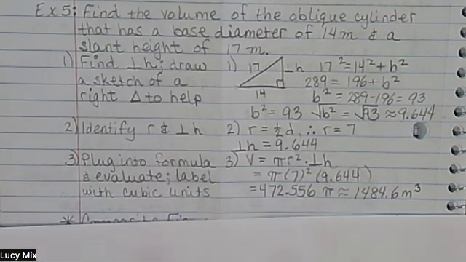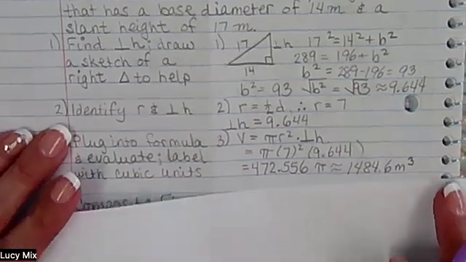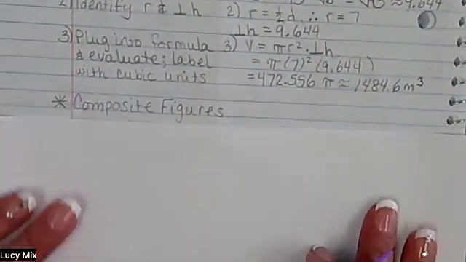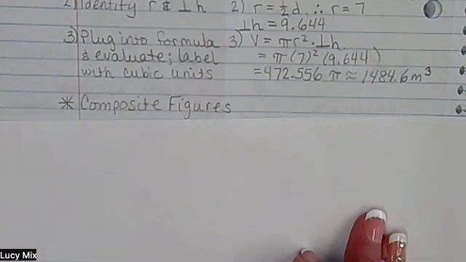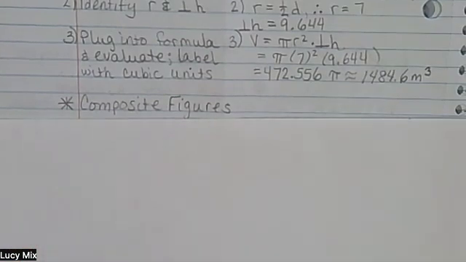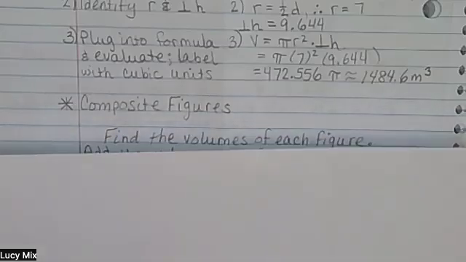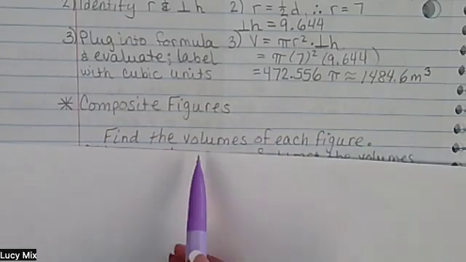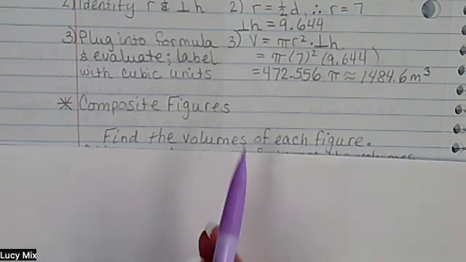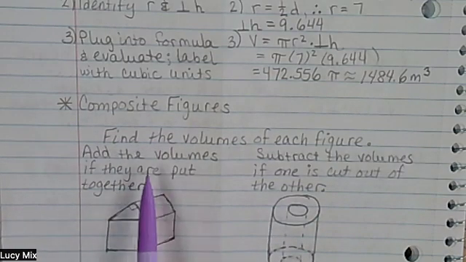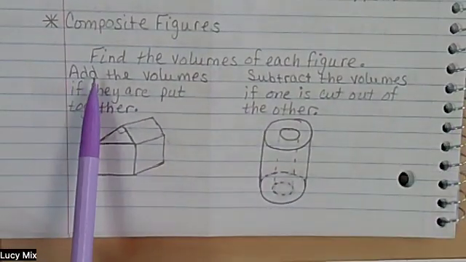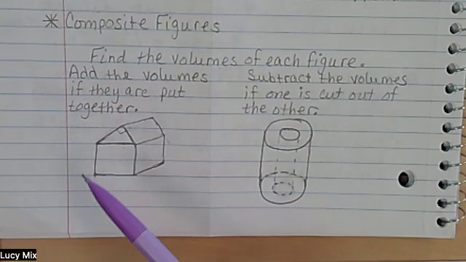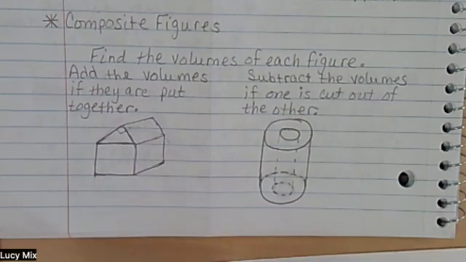One thing I want to touch on before we conclude today is composite figures. We've talked about those before, and that's when you put two different figures together. Now, when you're finding the volume of composite figures, first, find the volume of each figure. If you're adding volumes, add the volumes if they are two figures put together.